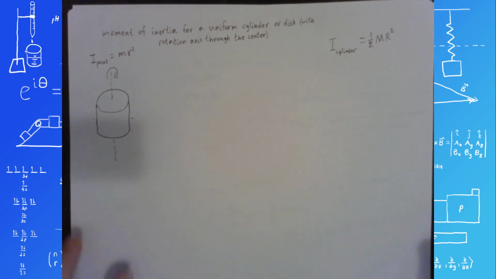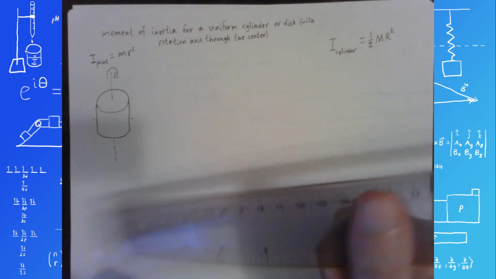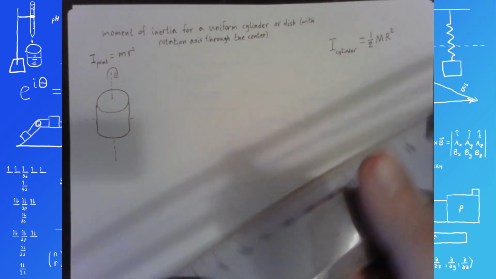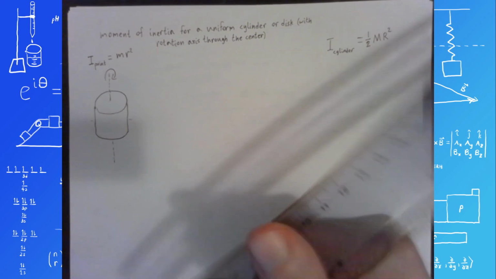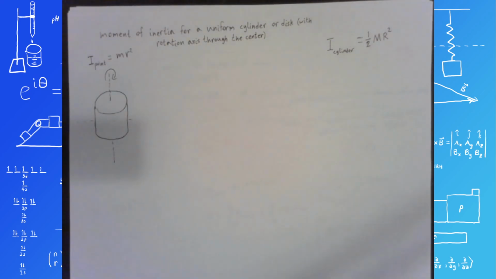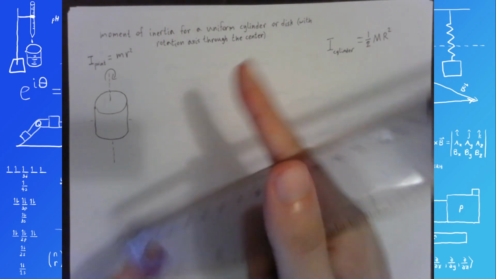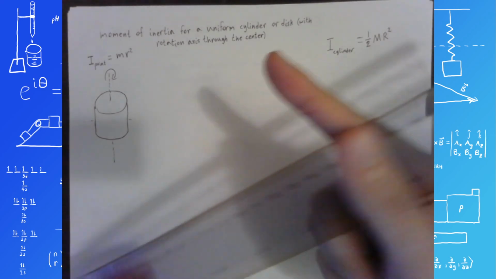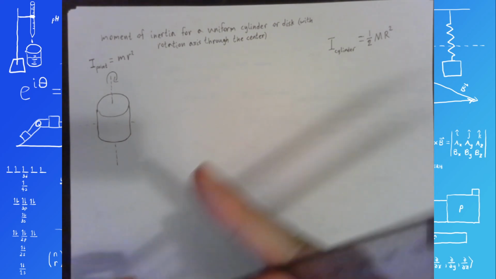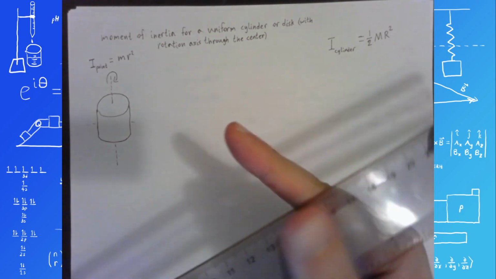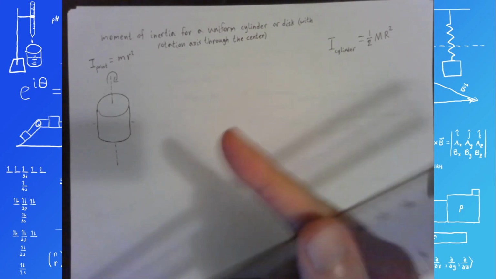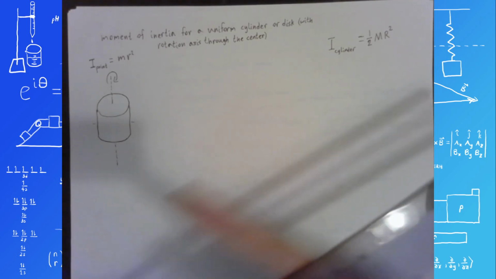And that's what moment of inertia is about. What I'm doing by changing the position that I'm rotating it from is changing the axis of rotation. Basically where my thumb is is the axis of rotation that I'm using, and different axes of rotation will allow you to encounter different resistances to that rotation.